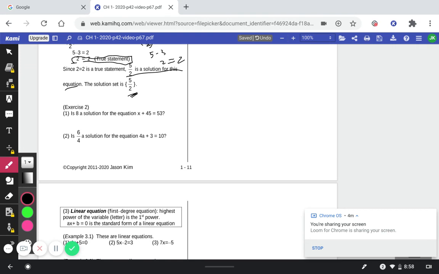Is 8 a solution for the equation in exercise 2? Again, you plug in or replace x with 8. What is 8 plus 45? That becomes 53. So yes, 8 is the solution for this equation.